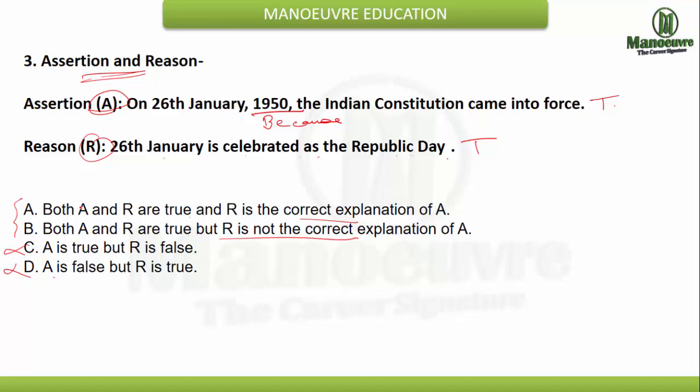The correct option here is: both A and R are true, but R is not the correct explanation of A. Had it been reversed, we would have opted for the first option, but it is not reversed here. The sentence does not make sense when I apply 'because'. So this is the only technique you have to apply when it comes to assertion and reason questions.